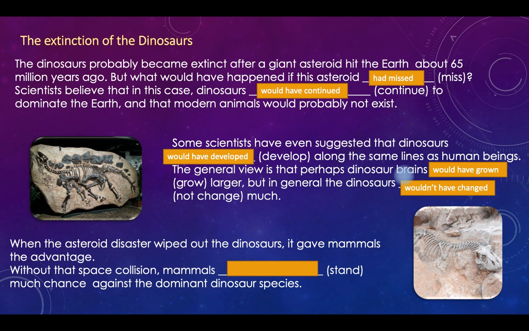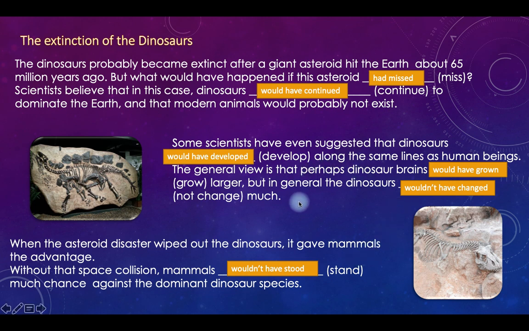Okay, the last paragraph. When the asteroid disaster wiped out dinosaurs, it gave mammals the advantage. Without that space collision, mammals wouldn't have stood much chance against the dominant dinosaur species.